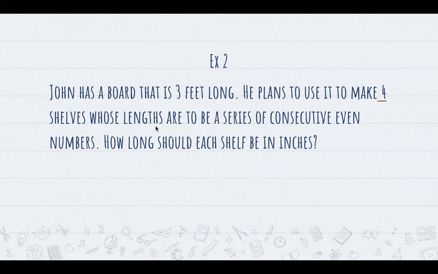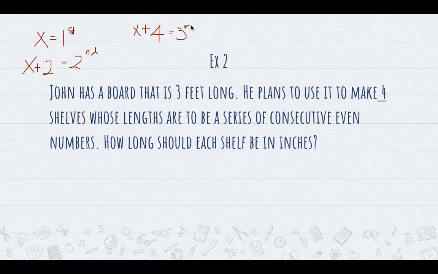So we have x as the first integer, x for the first shelf, x plus 2 for the length of the second shelf, x plus 4 for the third, and finally, for the fourth shelf, it will be x plus 6.